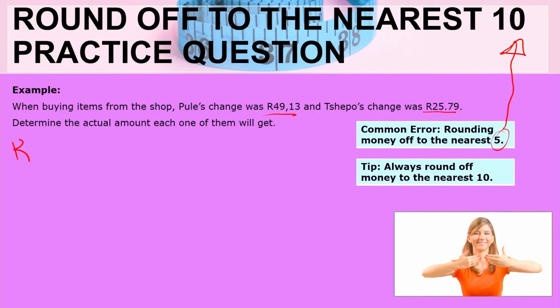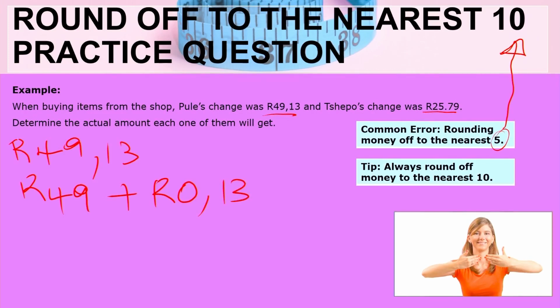Let us dissect the amount that Pule has got, 49 Rand 13. If we dissect it, we will have 49 Rand plus 13 cents. Now, if we have 13 cents, remember I said the second decimal value is what plays the most important part. Because the second decimal value is less than 5, we are going to eliminate this 3.